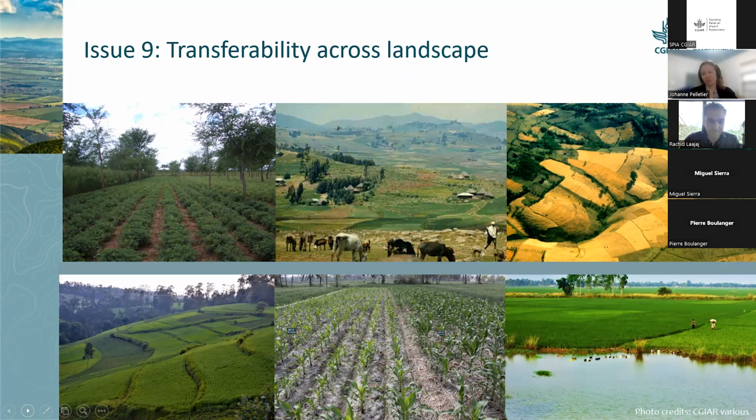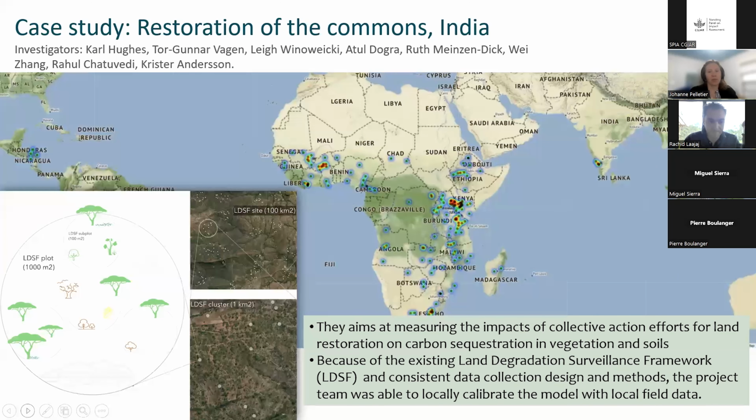And so some remote sensing methods are more generalizable than others. One of the case studies that transferred their method from another area is the Restoration of the Commons in India.